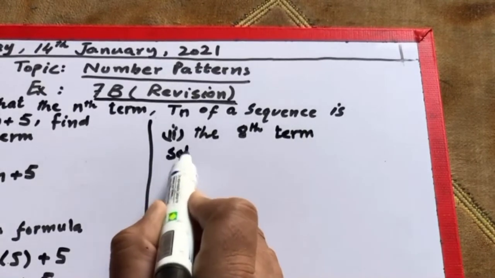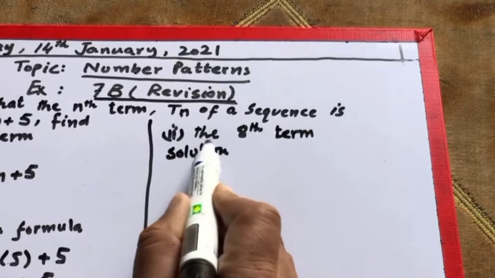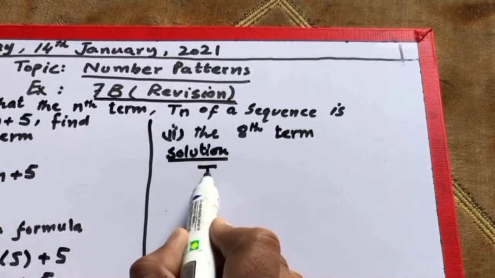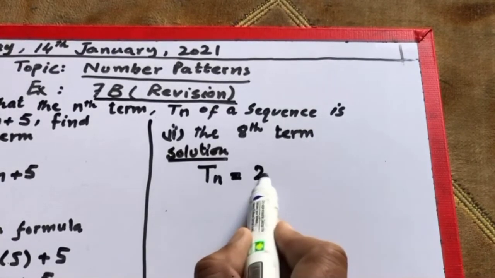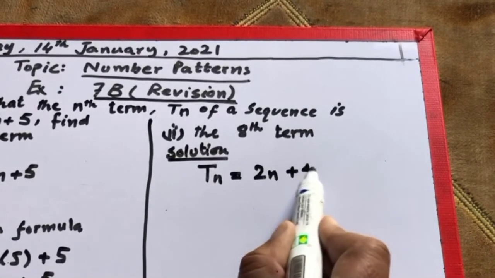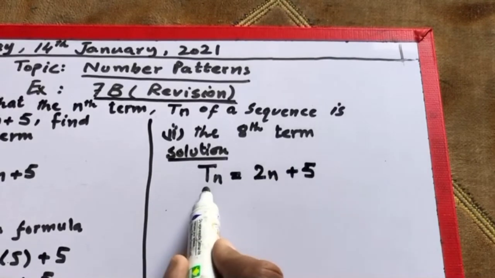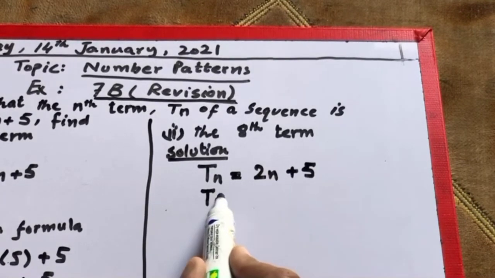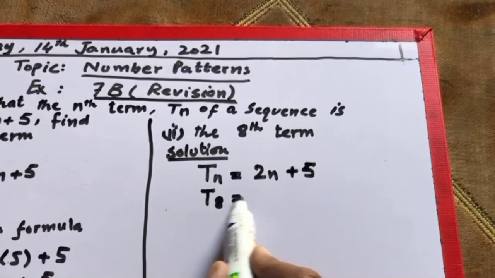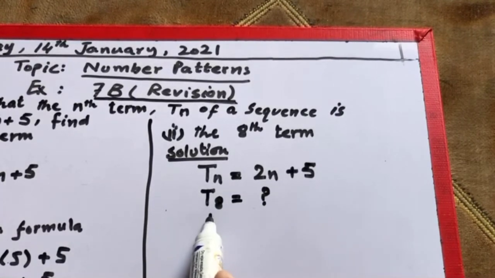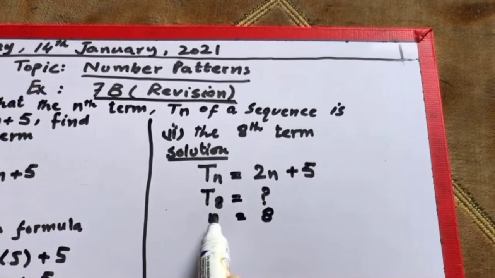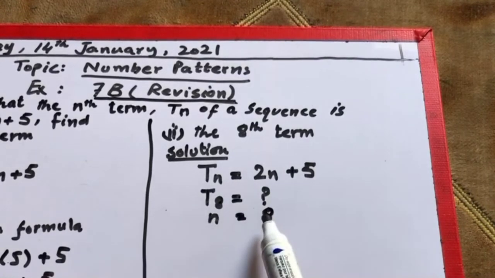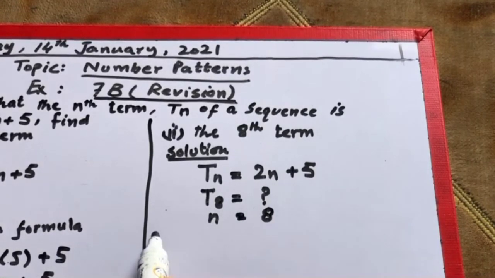So in the solution, first of all we will write the general term formula, which is Tn is equal to 2n plus 5, and we have to find term number 8, so we write here T8 is equal to question mark. The number of the term is 8, so n is equal to 8.